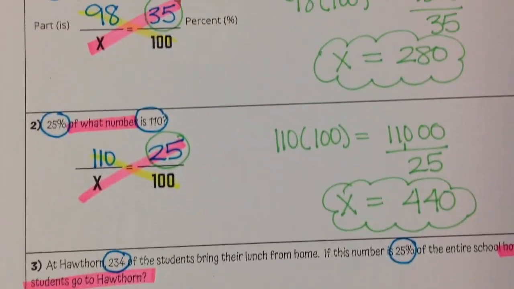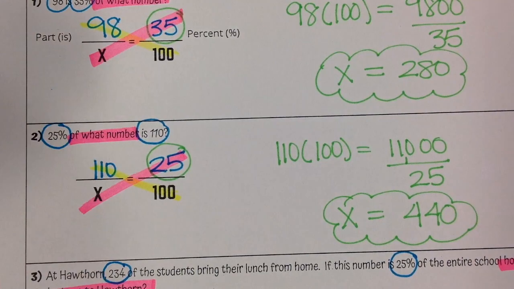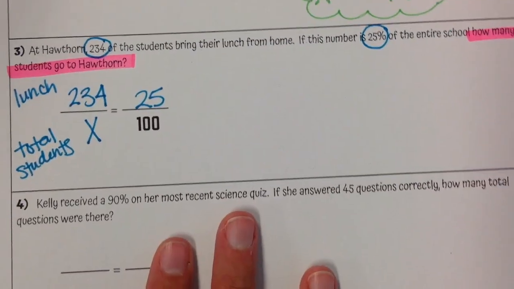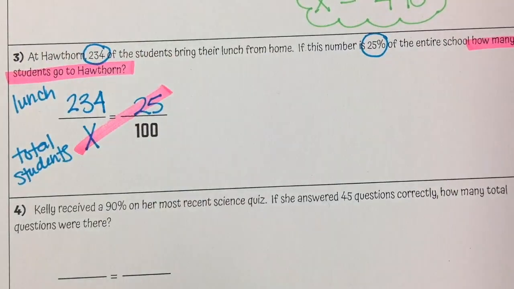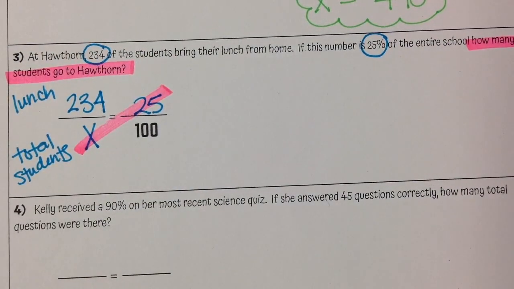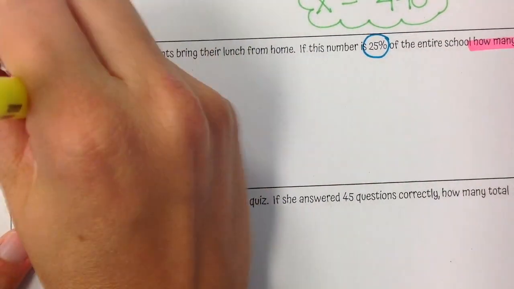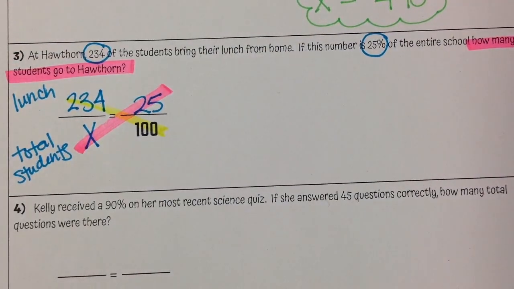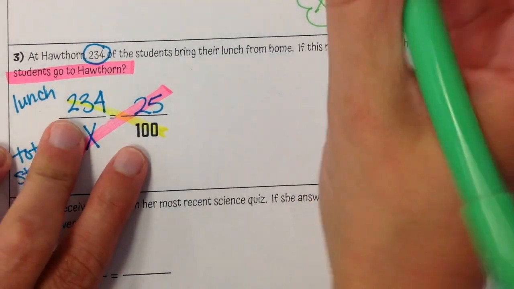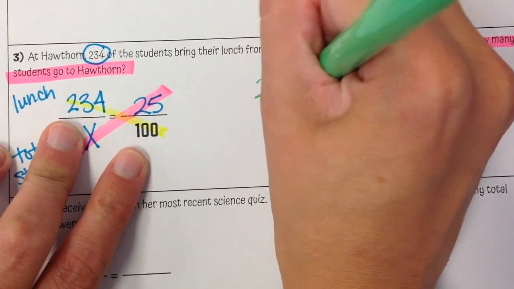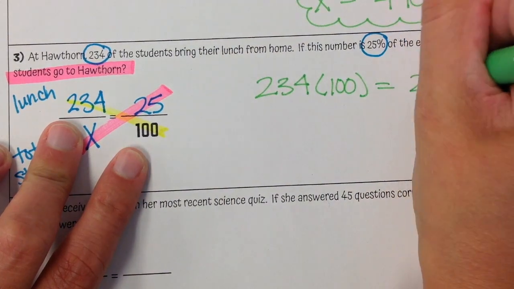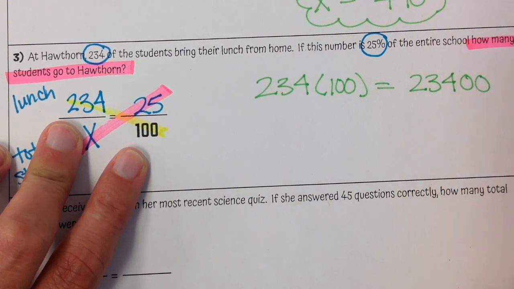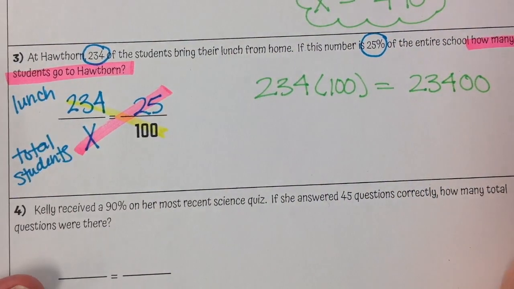Plus, a reminder, we are just practicing solving for the whole. So I'm going to highlight my diagonals. And we're going to multiply. 234 times 100 equals 23,400.